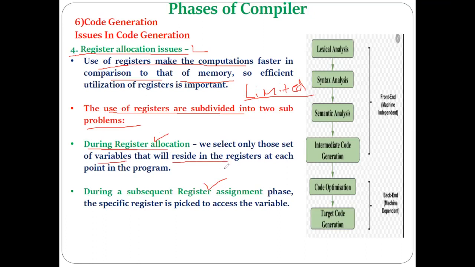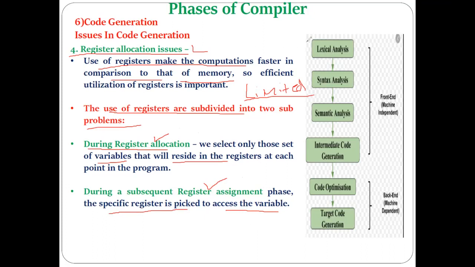During register assignment, we pick up the specific register and assign the variable to it. Understood? So register allocation is choosing the variable first and allocating it to a register. In register assignment, we choose the register first and then assign it to the variable.